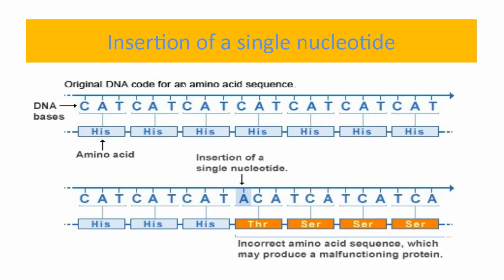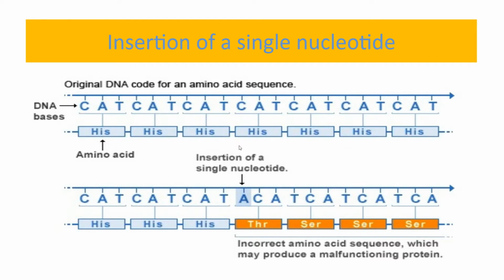So we're going to start off with insertion. And again, the clue is in the name, insertion. If you insert something, you put something in. So if you have a look here, again, we have our original DNA sequence. We have our codons and the amino acids that they code for.